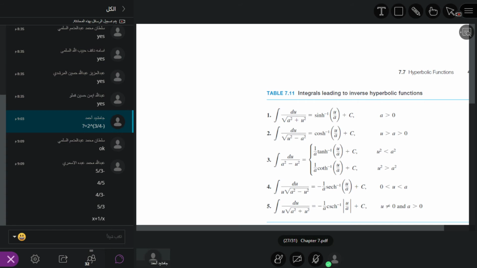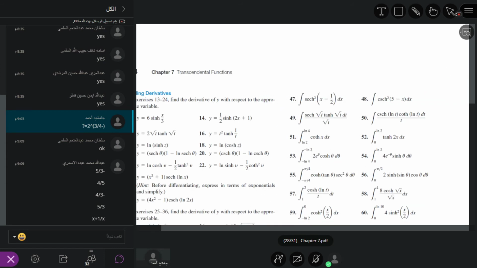Now after question number 5, we have to solve question number 15. From question number 13 to 24, we have to find the derivative of y with respect to the appropriate variable.